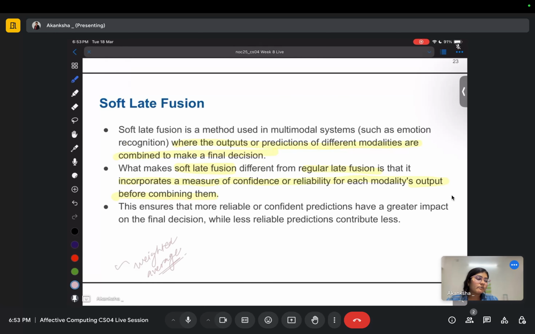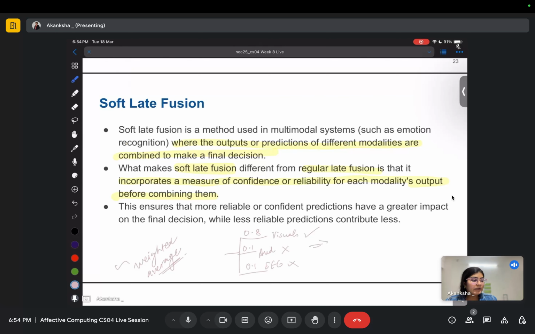You are giving weight to, let's say your camera is very good but your mic was not good, so you can say that my audio is not that reliable and my visuals are more reliable. So you can give visuals more weightage, let's say 0.8 weightage to visuals, 0.1 to audio, and 0.1 to EEG.